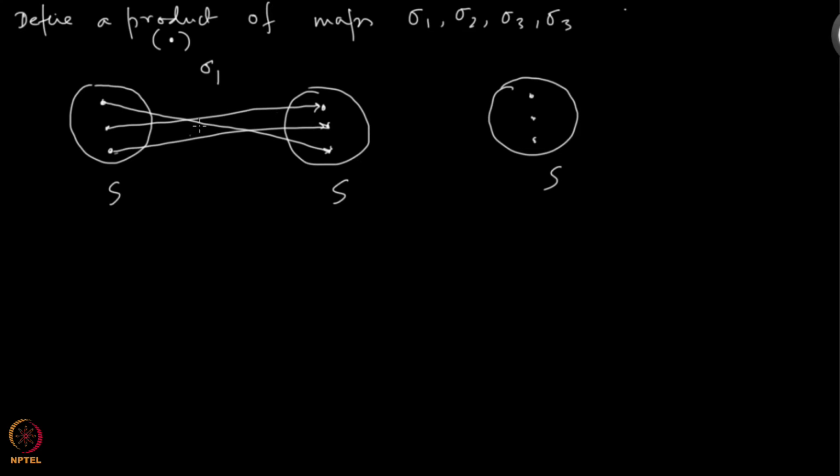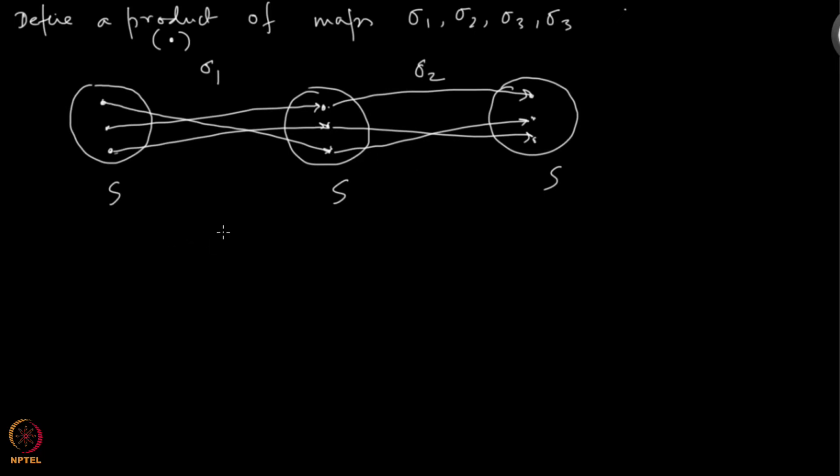You could think of another map sigma 2, again from S to S, and just for ease I will draw it here between these 2. But you should understand all the maps are defined on the same set to the same set. I am drawing it here so that it looks easier to see. Suppose that map is this one goes there, that one goes there, and that one goes there. Let us call this one sigma 2.